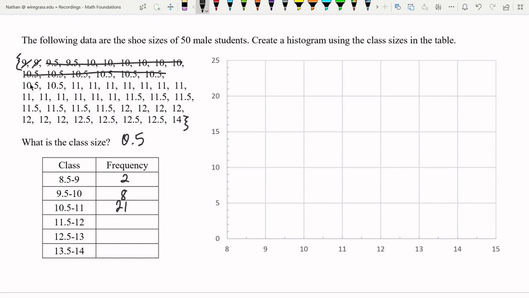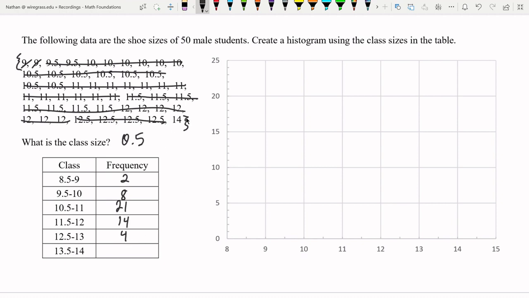So that's through here, all the way through here. Okay, 11.5 to 12. 1, 2, 3, up to 14. 14 numbers fit in that class range. 12.5 to 13. 1, 2, 3, 4 are the only ones that fit in that class range.